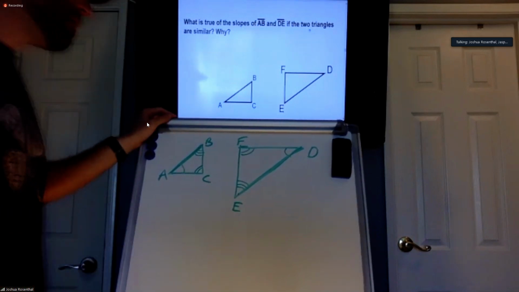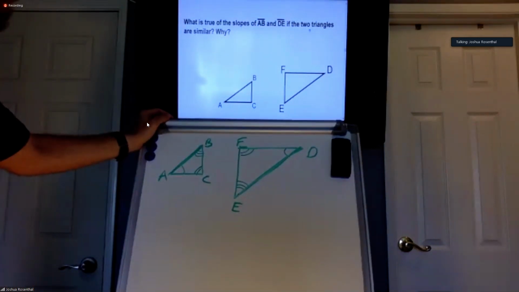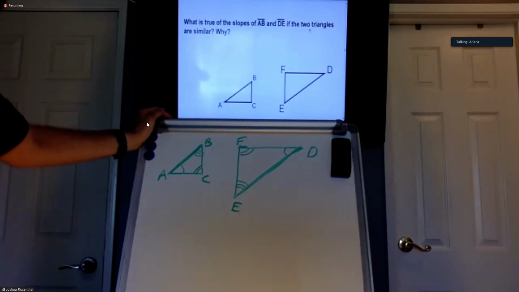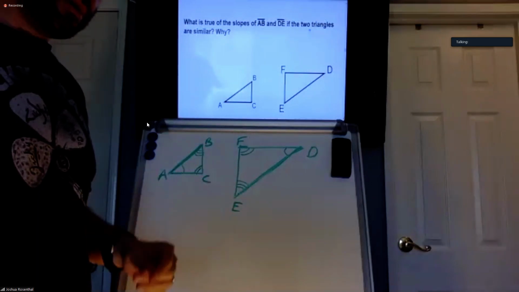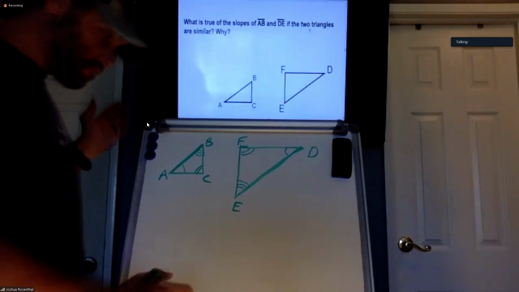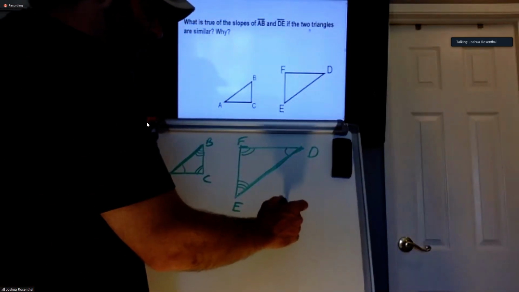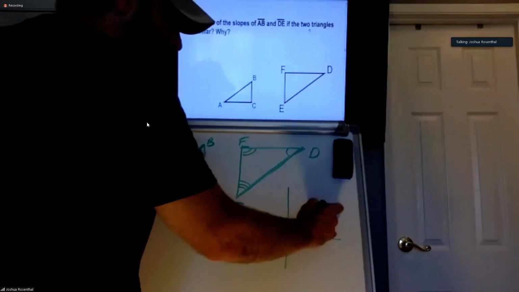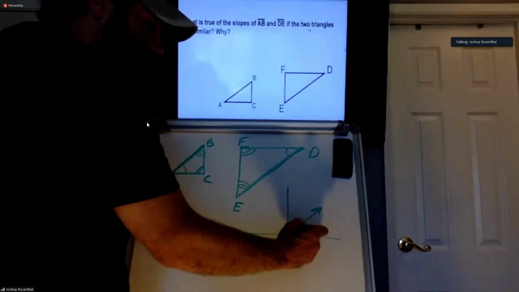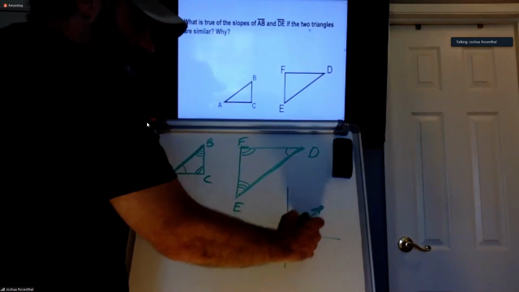Okay, what's really cool about this is that in trigonometry and in pre-calc and calc, we are going to discuss slopes as they relate to degree measures. When we do vectors in a certain direction, I want to know what this angle is, and how long this is.